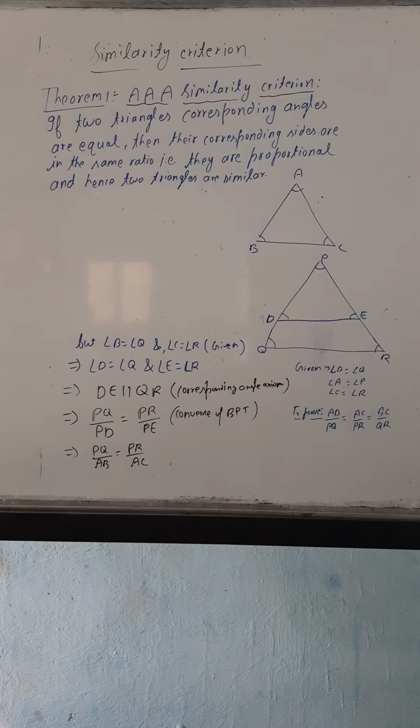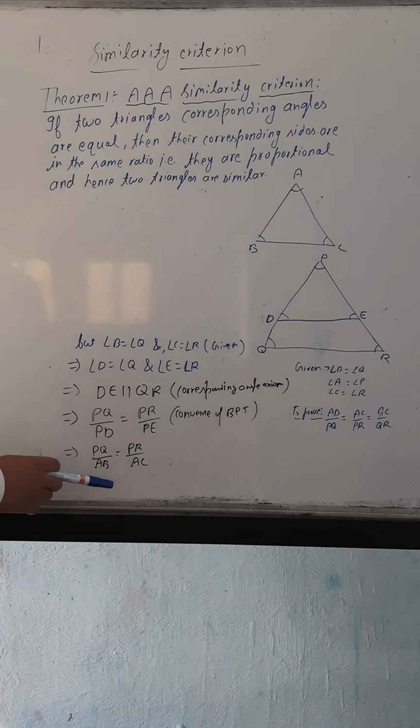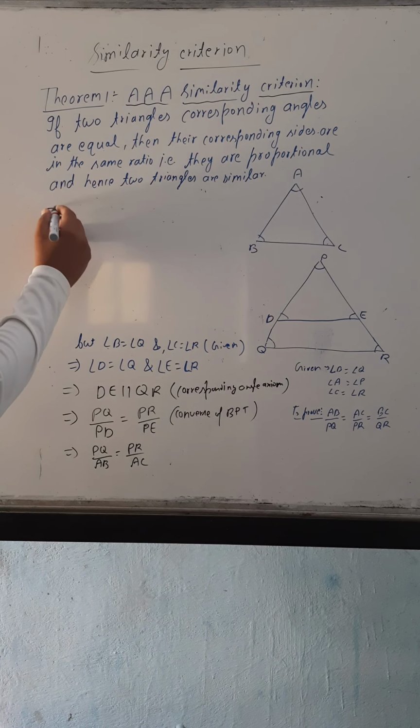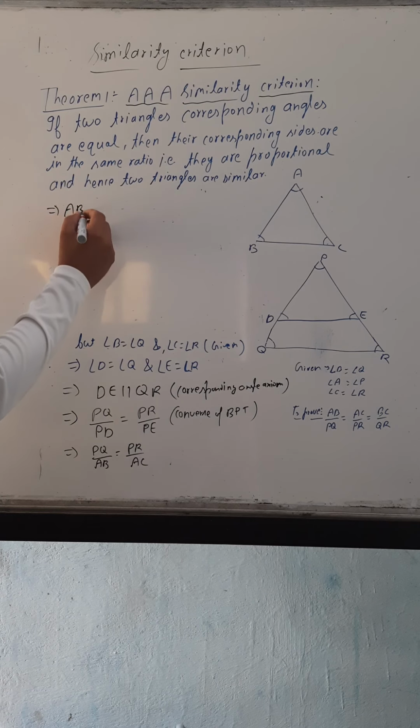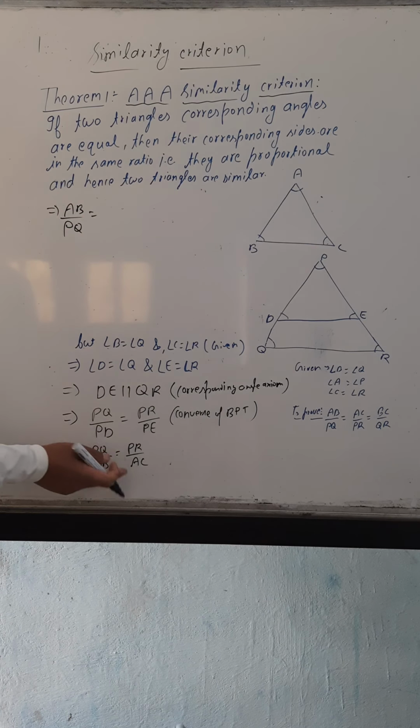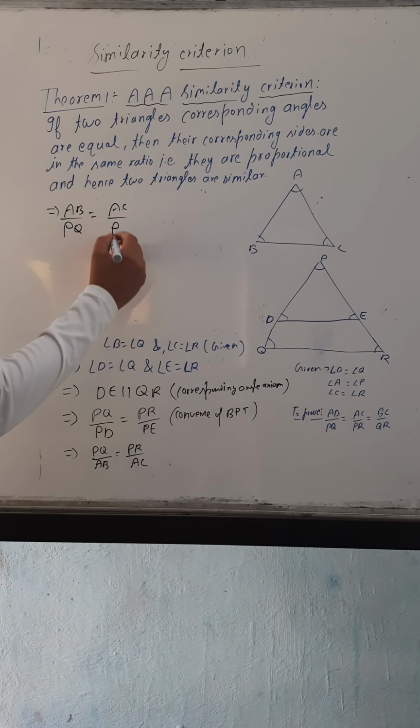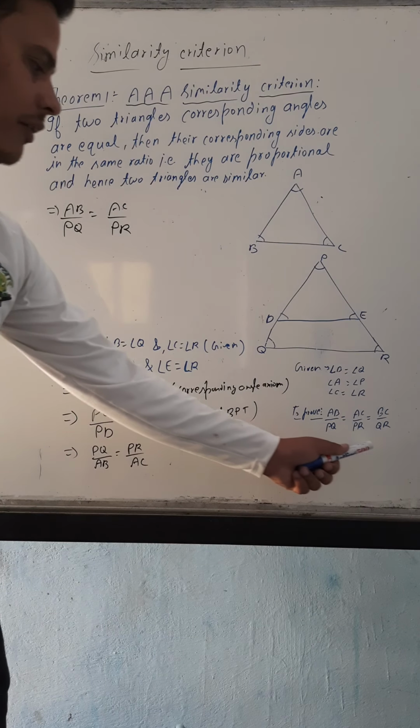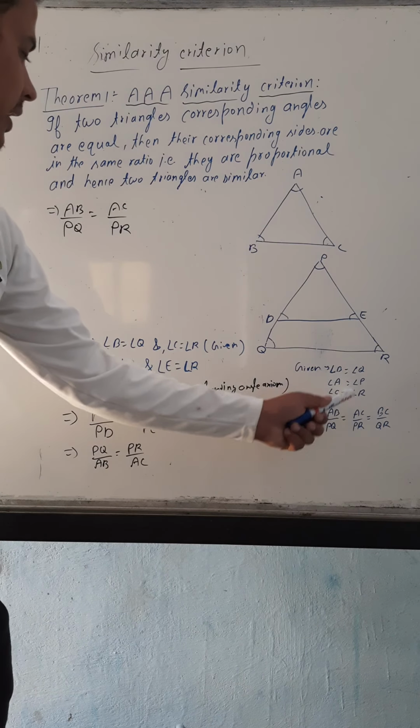Now this is what we have proved: PQ by AB is equal to PR by AC. Just reverse it, you will get AB by PQ. It implies AB by PQ will be equal to AC by PR. Okay, so the first part we have to do is AB by PQ is equal to AC by PR.